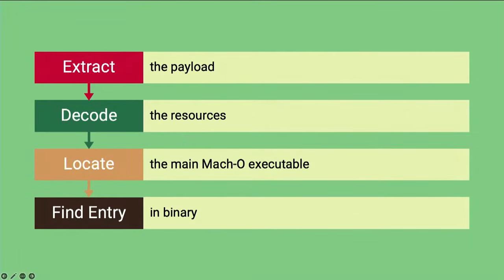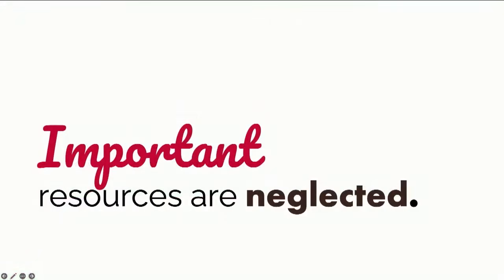We have to extract the payload, we have to decode all of the different various resource types, and then we still have to locate the main Mach-O binary and the executable inside of the IPA file, and then at the end of the day, we still have to find all of the various entry points inside of the application inside of that Mach-O binary.